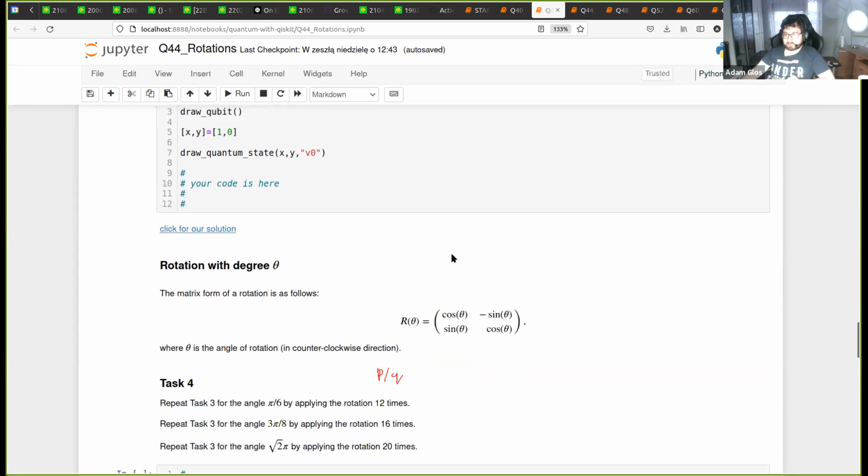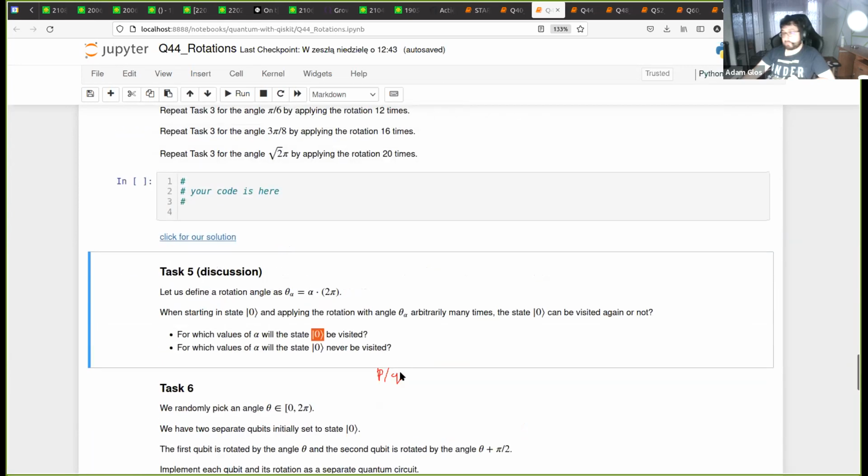So this will be an identity matrix. So after q, maybe sooner, but at least after q, we will visit 0 again. Unfortunately, I cannot prove this for irrational numbers right now. I guess this proof will be much more complicated.